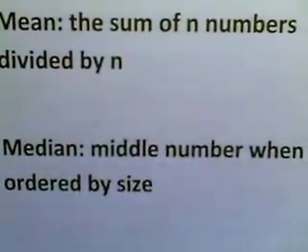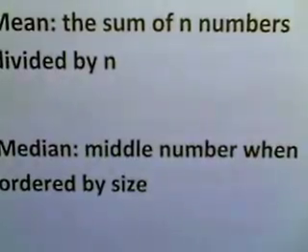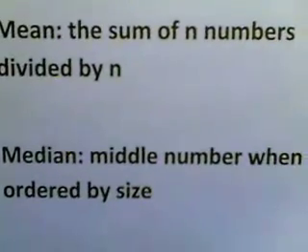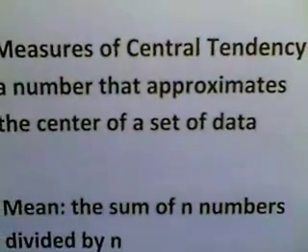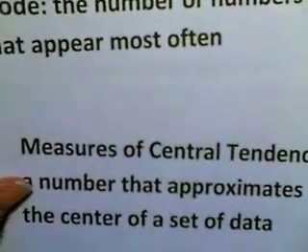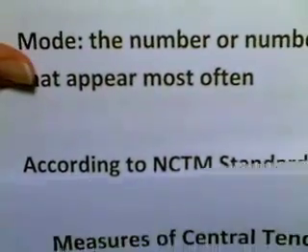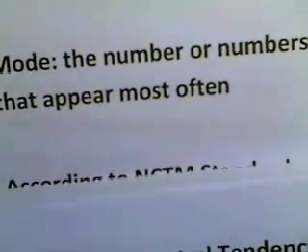One is the median, where you find the middle after you order by size. And the last is the mode, and that's the number that appears most often. And you can have more than one mode. You can have 2, you can have 3, but it is the number or numbers that appear most often.